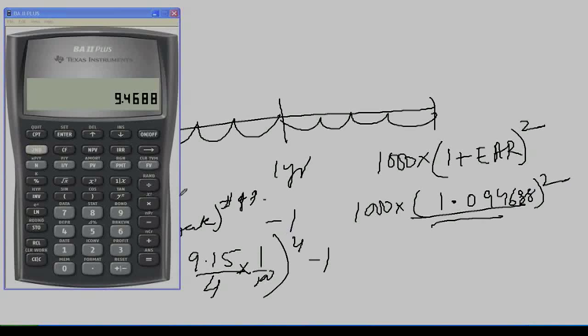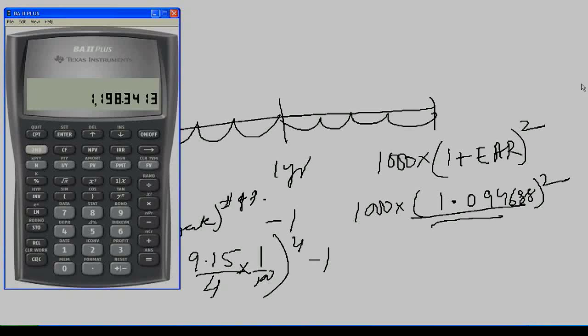This is how you can compute that: take percentage plus 1, square it, into 1000. So you are getting 1198. After 2 years you will get 1198. So this is one method.